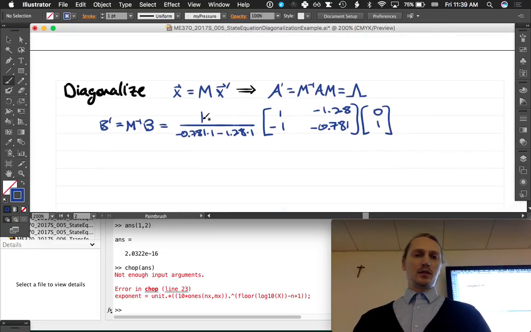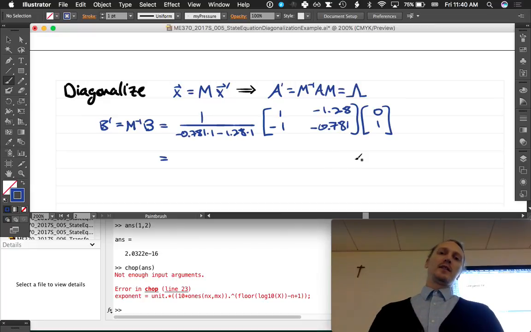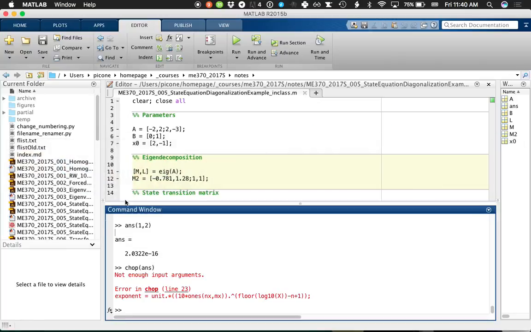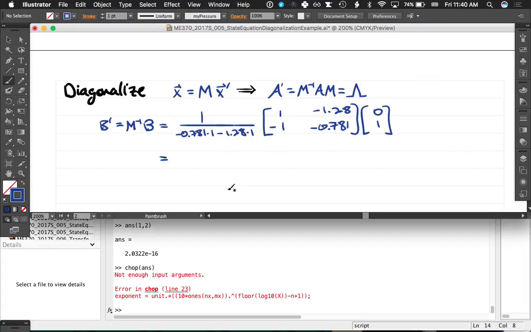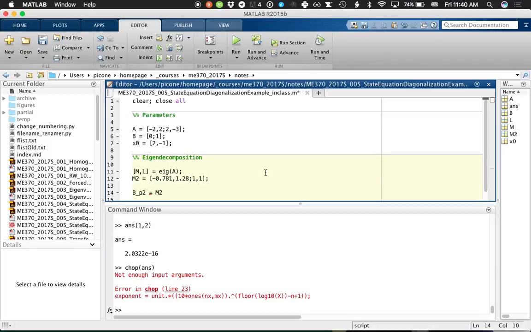So that is, we just have to go through this computation. Let's do it in Matlab. B prime 2, which means it's our by hand one, is going to be the inverse of M2 times the original B matrix, right?